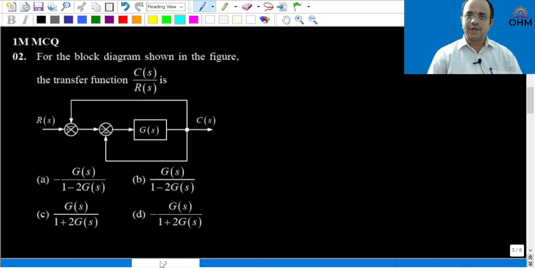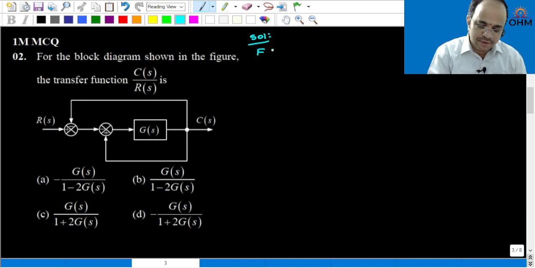Now, let us look into question number 2. This came from 1 mark exam. So, one block diagram is given. We need to find out what is the overall transfer function of the system. So, in simple terms, you can find the transfer function by using SFG concept, signal flow graph concept. Therefore, first let us look into forward paths.